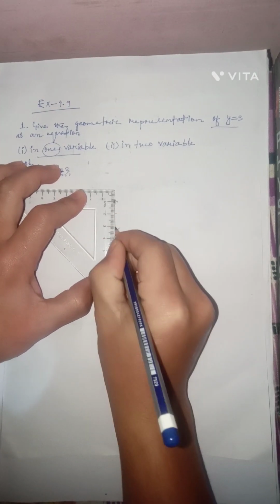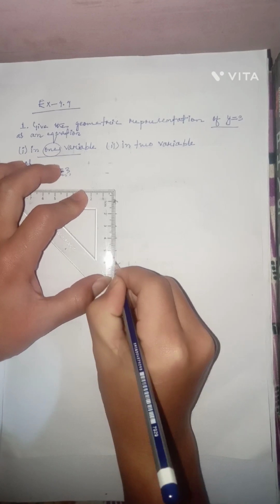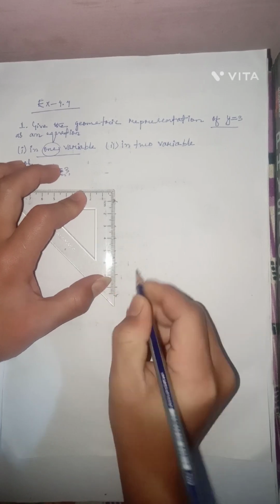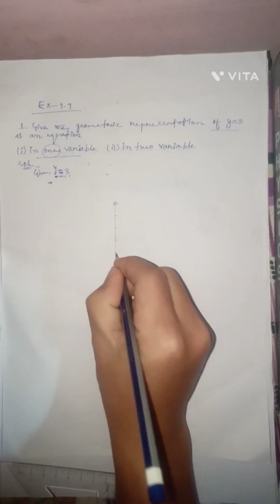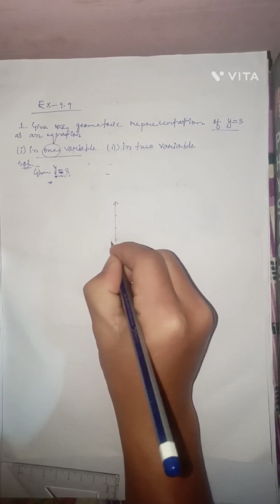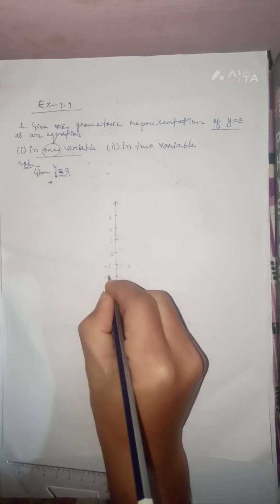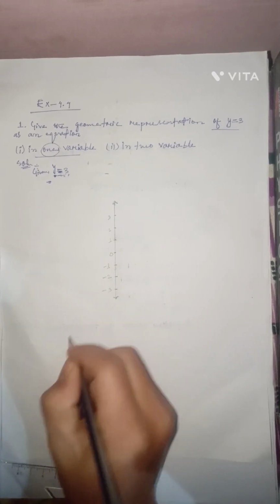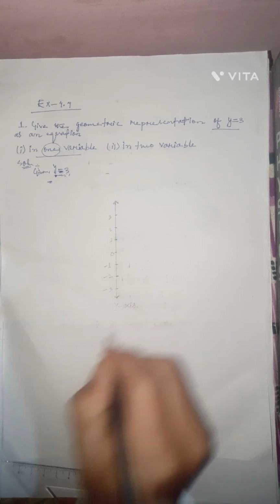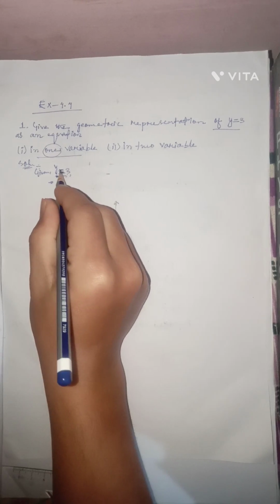Just take one unit each. Then you mark this one as 0, and upside it should be 1, 2, 3, and downside it should be -1, -2, -3, right? And this is the y-axis.